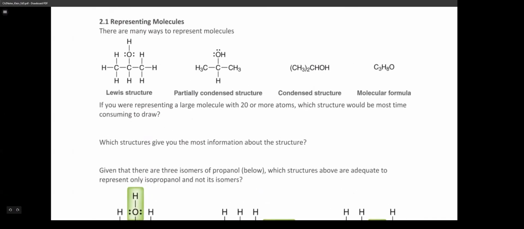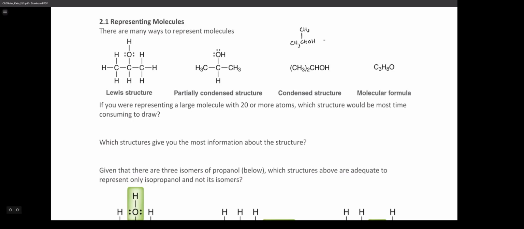Okay, here we are. So another way I could condense this, and it might be a little more clear, would be to write CH3, CH, OH, and you see I've left off one of the CH3s, so I could draw it above, or I could draw it below, either way.